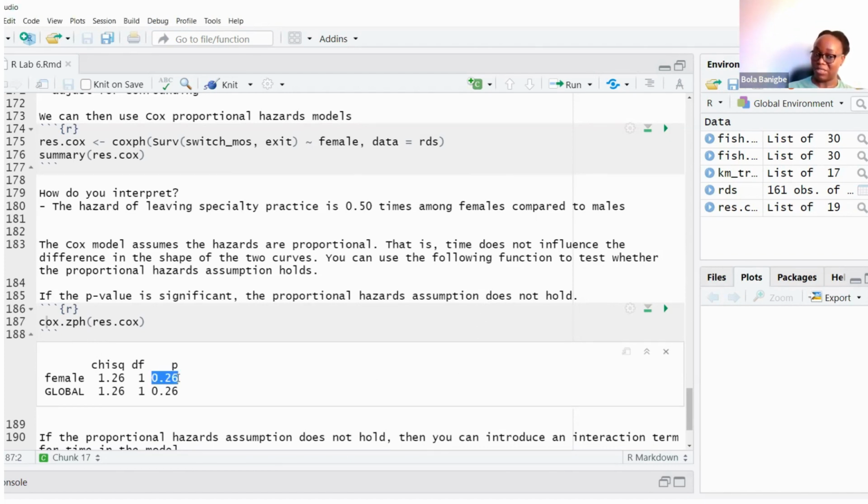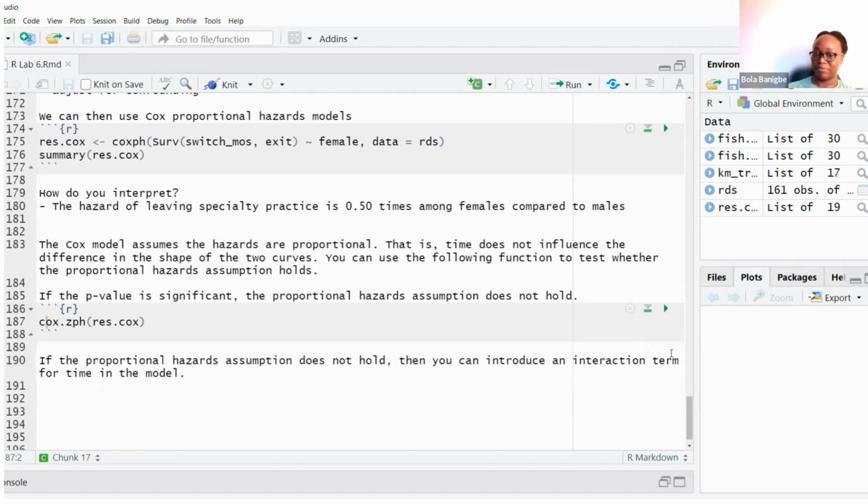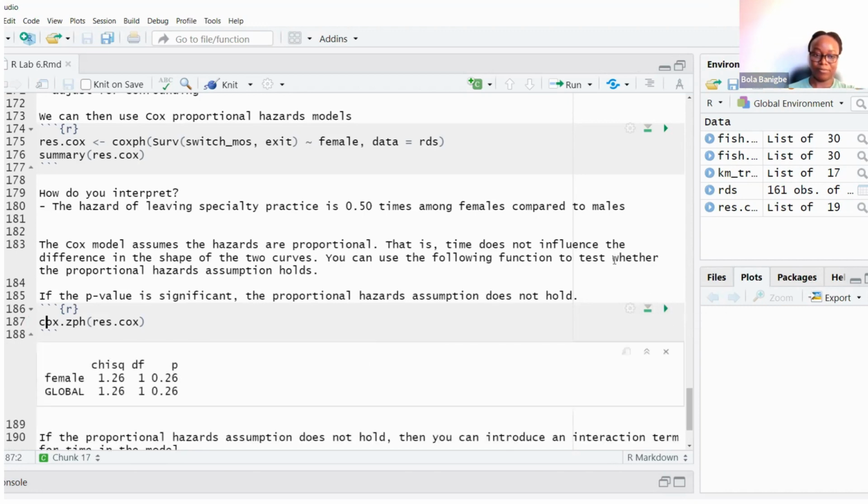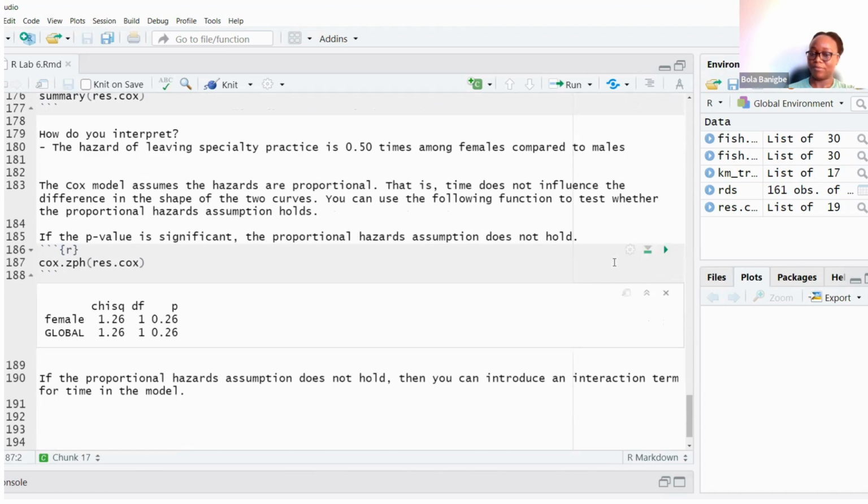Here, the p-value is not significant, so the proportional hazard assumption holds. So what do you think was the null hypothesis here? Anyone willing to take a stab at it?